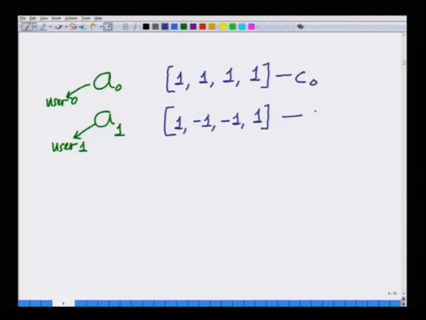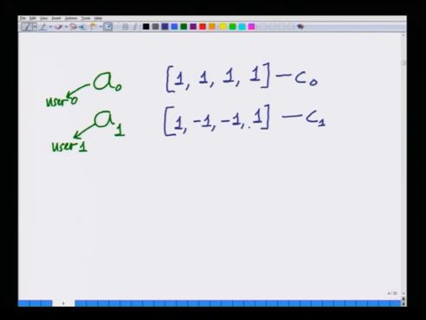I will call this code C1. So, for each user I have a different code. For user 0 I am using the code 1, 1, 1, 1. For user 1 I am using the code 1, minus 1, minus 1, 1.